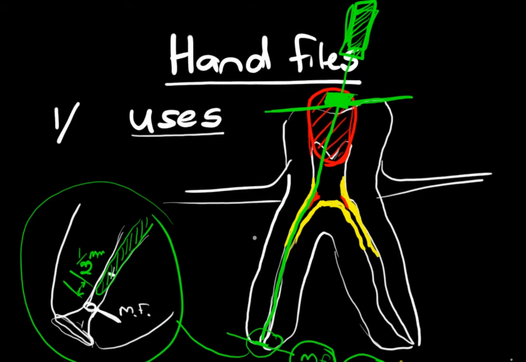Just one other really nice tip with the comet files. What you find is along the shank. So if I just draw the shank of the comet file, it looks something like this.